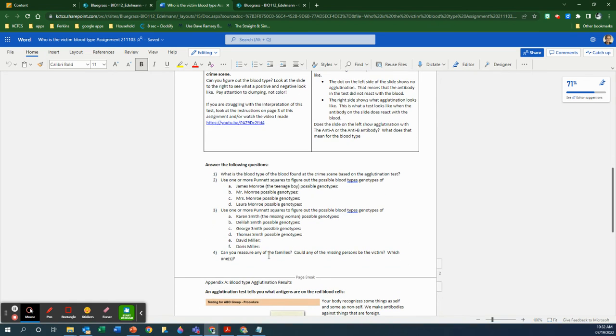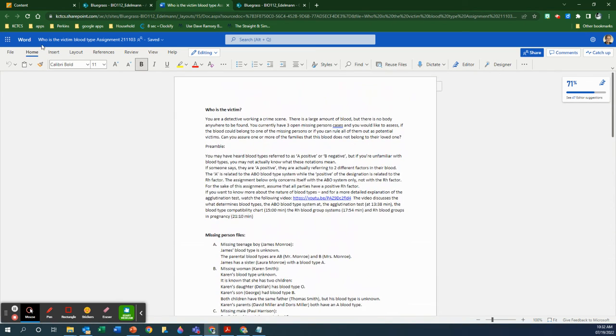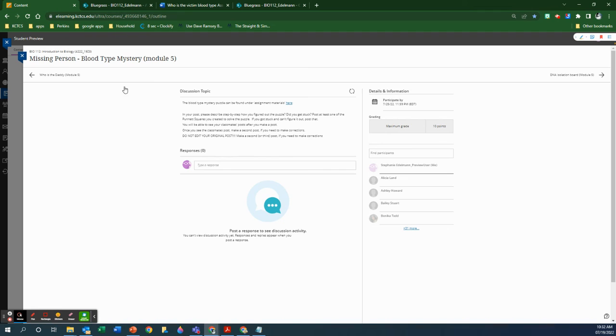And then you're supposed to answer the following questions. So, what can you figure out? First of all, what are the blood types of the people that are missing? What are the blood types of the relatives that you don't know? Phenotypes and genotypes. And then which one could possibly be the victim, if any of them? So that's the idea behind this. I'm going to have you post it on a discussion board because I want everybody to get this right in the end.